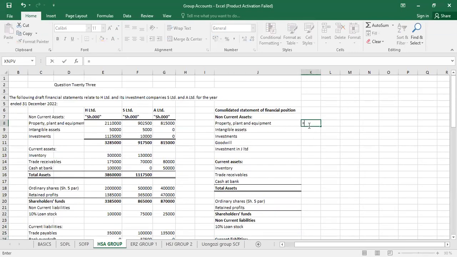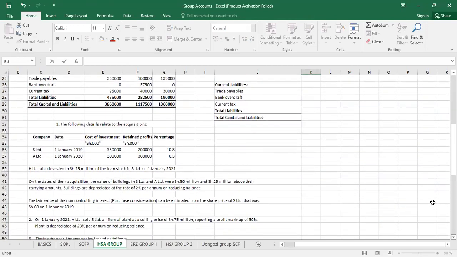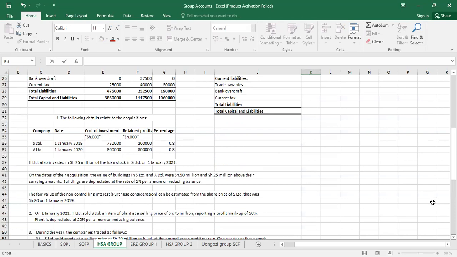Equal sign. So remember, you must pass through the additional information to check the dates and you check the shareholding, isn't it? Maybe it was acquired during the year. So the first thing is you check the acquisition date and also the shareholdings.